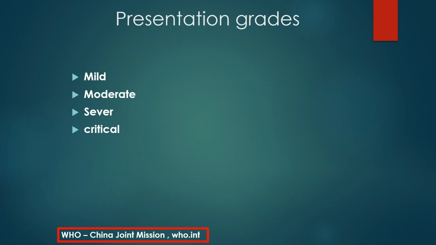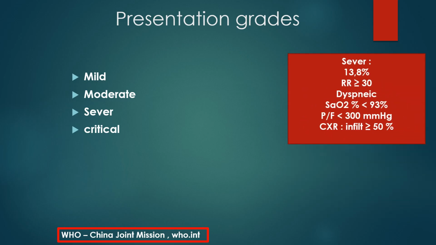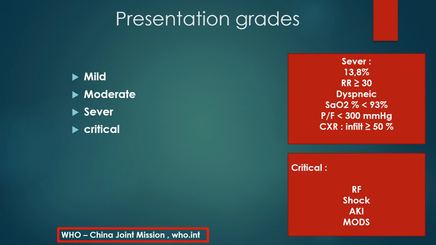As we know, presentation grades for patients with COVID-19 are very variable. They might present with mild, moderate, severe, or critical signs and symptoms. Severe disease, present in around 13.8% of patients, is characterized by a respiratory rate of 30 or more, dyspnea, low saturation, and a PaO2/FiO2 ratio matching ARDS, and the chest X-ray would show bilateral infiltrates of more than 50% of the lung.